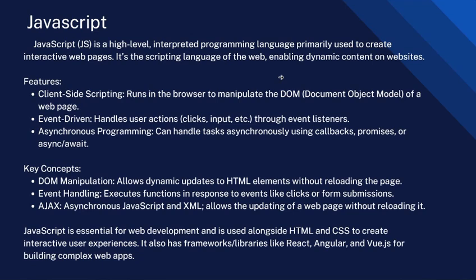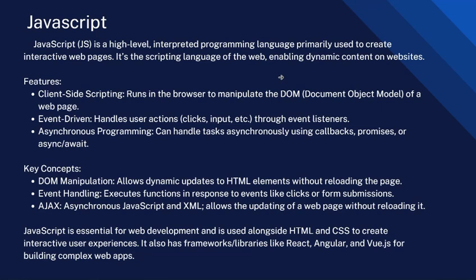Now, what are the key concepts? DOM manipulation allows dynamic updates to HTML elements without reloading the page. Event handling executes functions in response to events like clicks or form submissions. This means whenever you click, whatever response you get is handled by event handling. Next is Ajax.